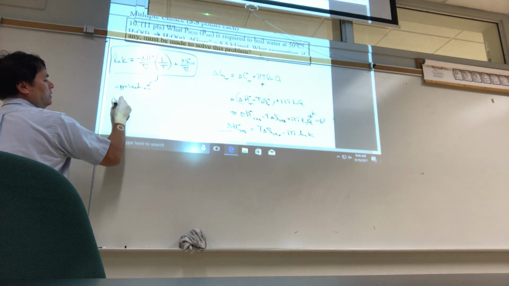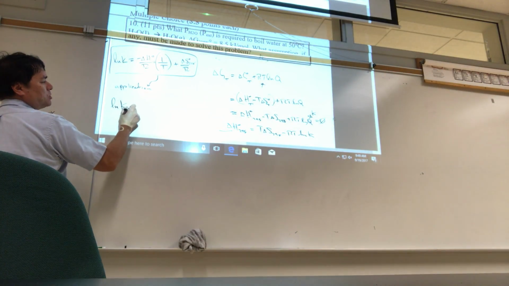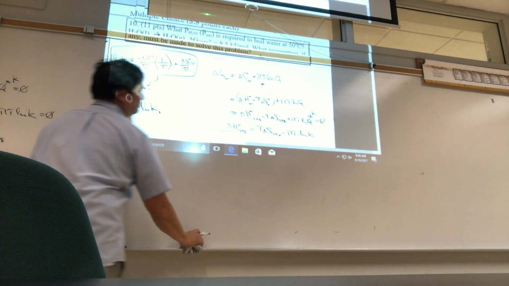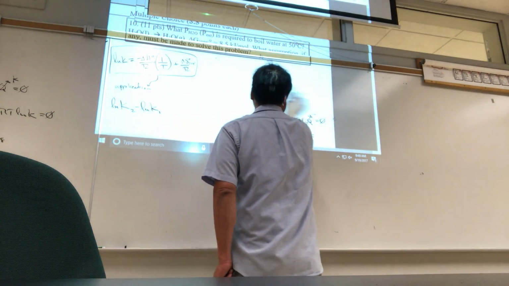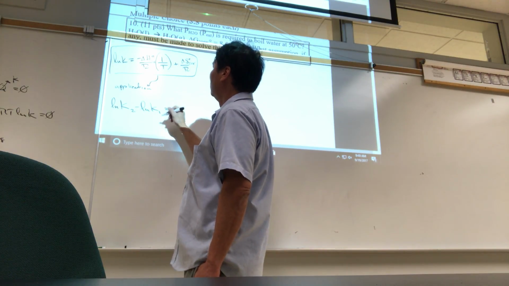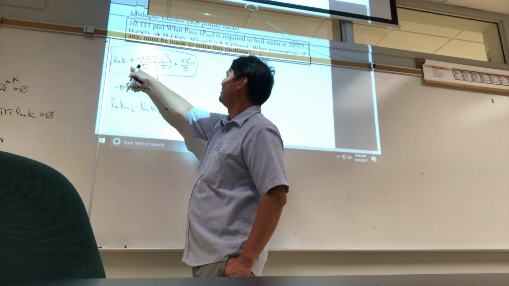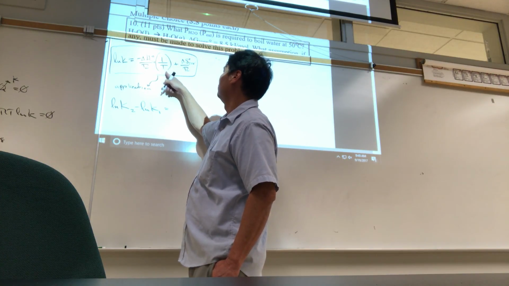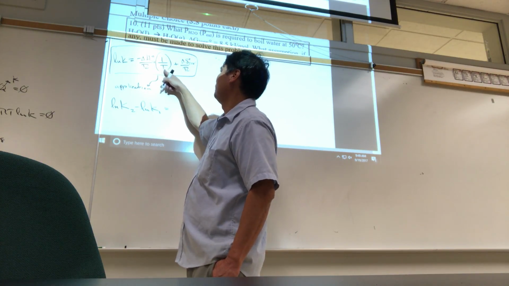And that is, we'll take ln of K at temperature 2 minus ln of K at temperature 1. So I'll call this K2, this will be T2, K1, this will be T1.